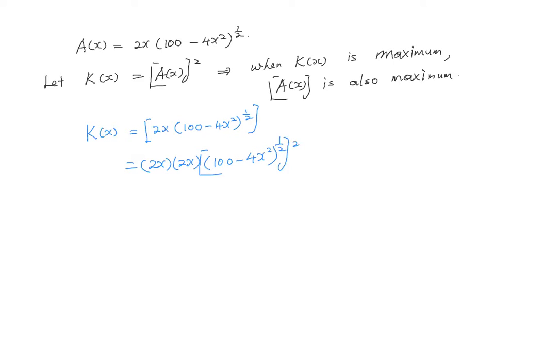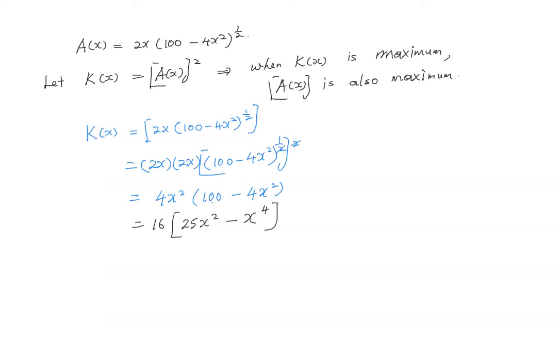So it will be 4x squared times 100 minus 4x squared. Am I right? So it will make my differentiation so much easier. So I take out the 4 times 4, 16. Then I have here 25 x squared minus x to the power of 4.